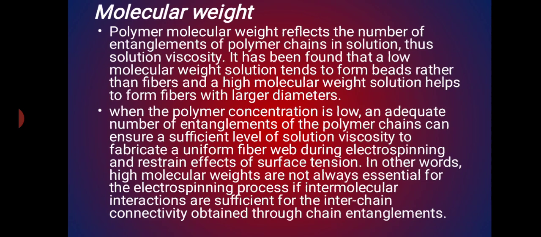So during the development of the polymers, if the polymer concentration is low, a sufficient number of entanglements of polymer chains may occur. This will provide sufficient viscosity to fabricate the systems.